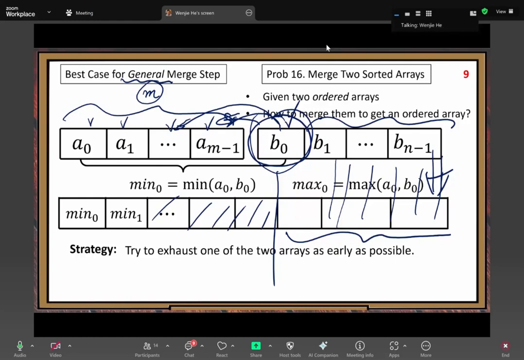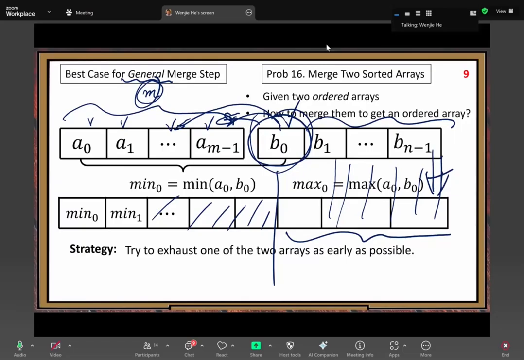So in your best case, you choose the smaller of the two. You do m comparisons. That's the best case. Suppose m is smaller than n, so you choose m. If m is larger than n, you choose n.